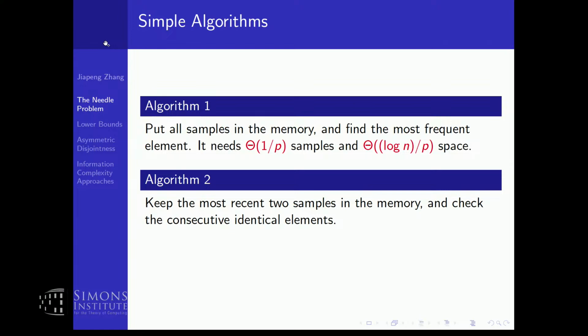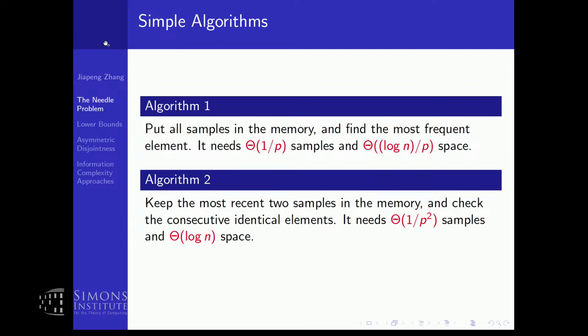Whenever you see two consecutive identical elements, you say this is probably the needle. If you do the calculation, you need 1 divided by P squared samples. With this many samples, with good probability you can find two consecutive identical elements. And in this setting, we only use O(log n) space.